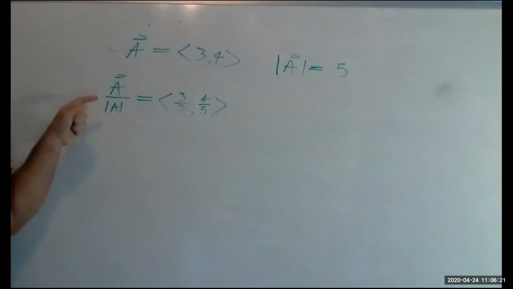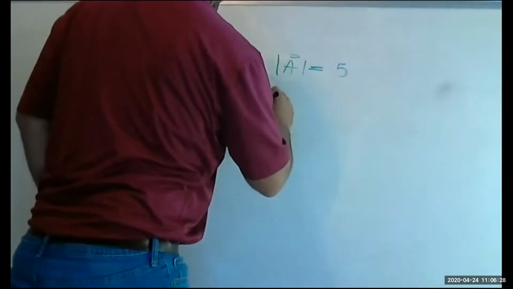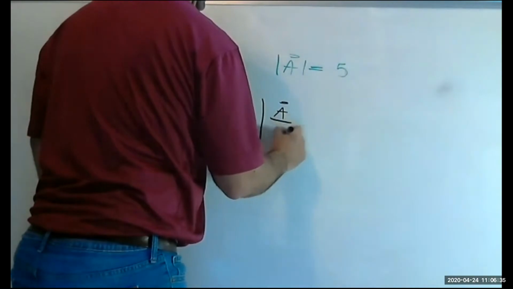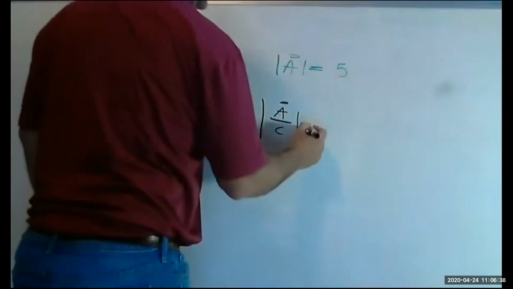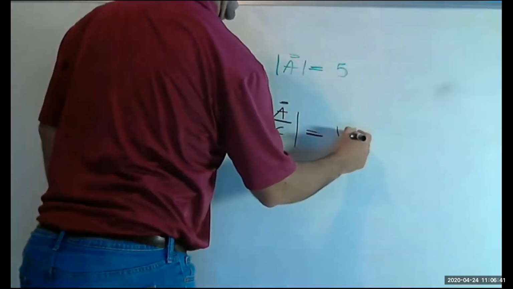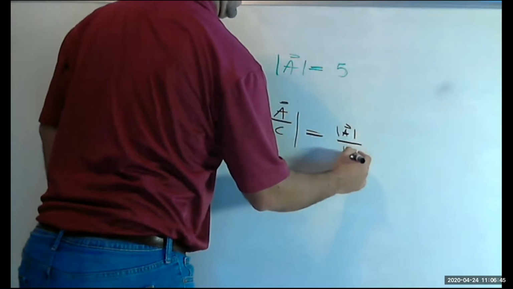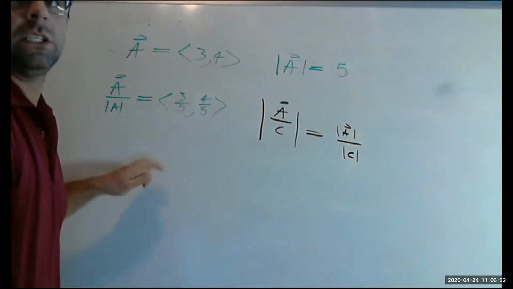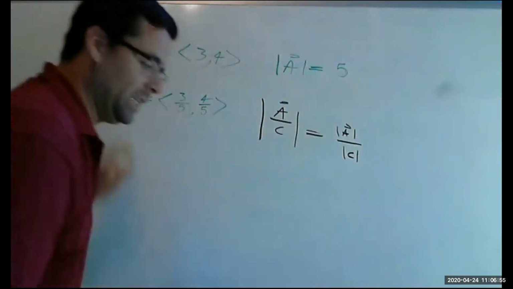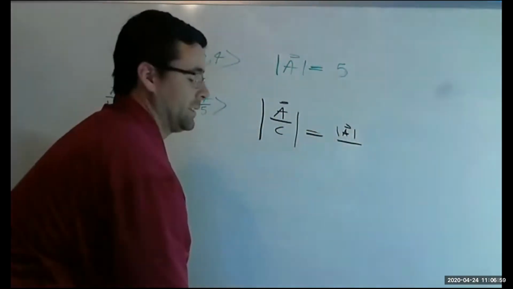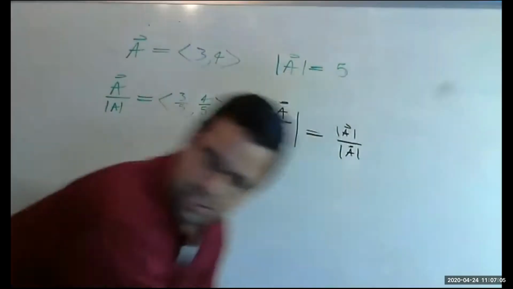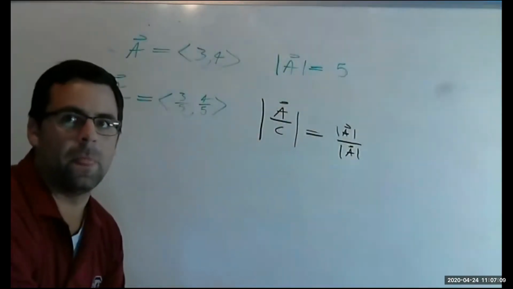Or you can take what we know about magnitudes of vectors in general: the magnitude of A over C is the magnitude of A over the absolute value of C. But in this case, the thing we're dividing by is the magnitude of A. And what is the magnitude of A divided by the magnitude of A?